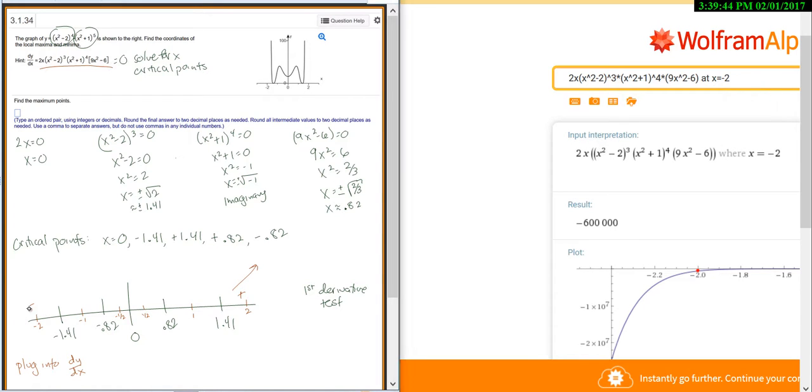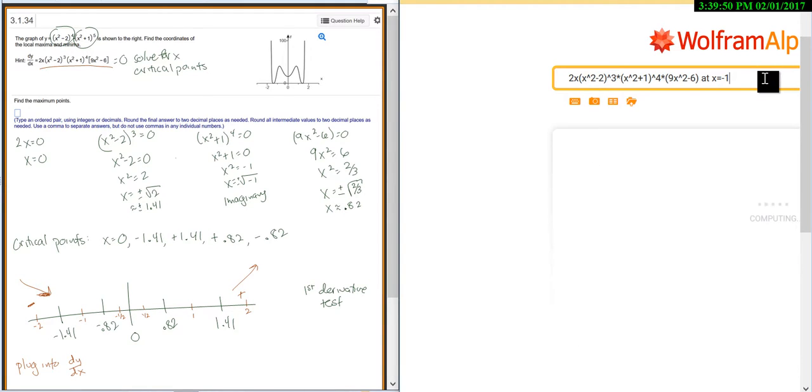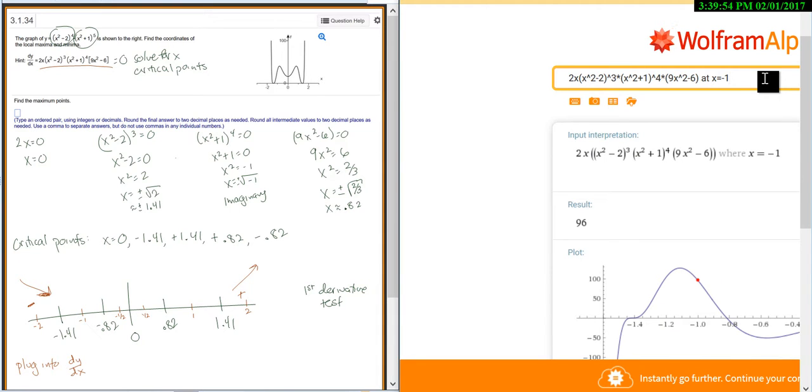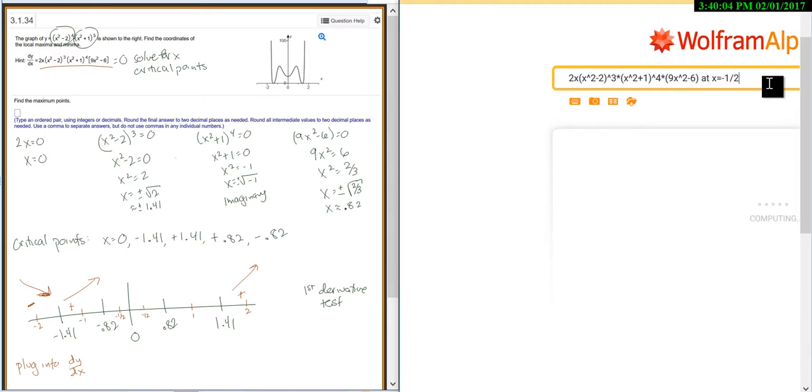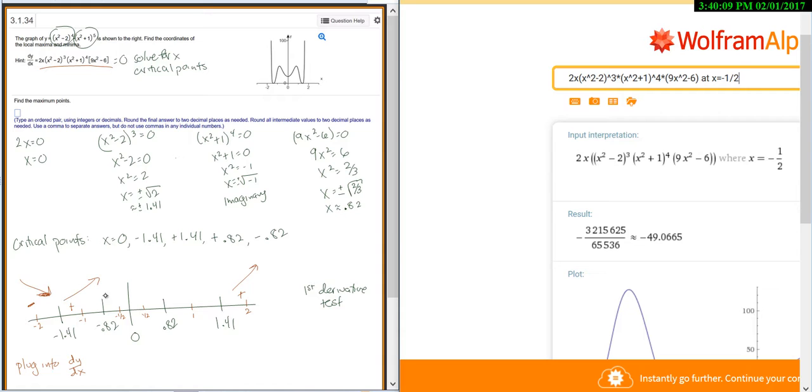Okay, let's try -2. At -2, I'm at -600,000, so I'll be going down, so I'm decreasing. At -1, I'm at 96, that's positive, so I'd be going up. At -1/2, that looks like a negative, so I'd be going down.